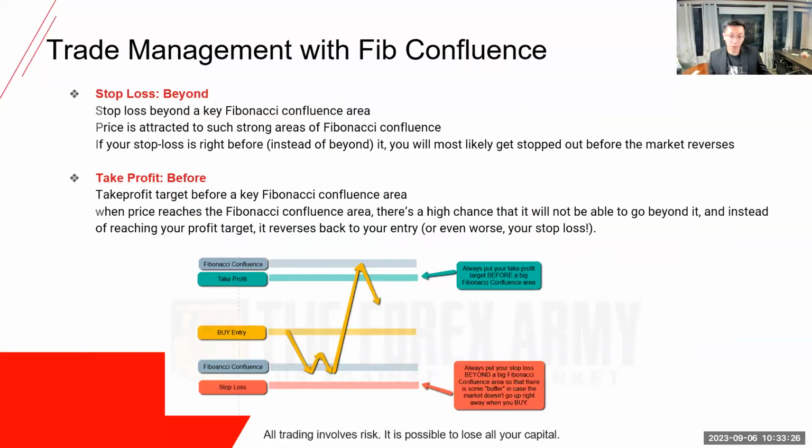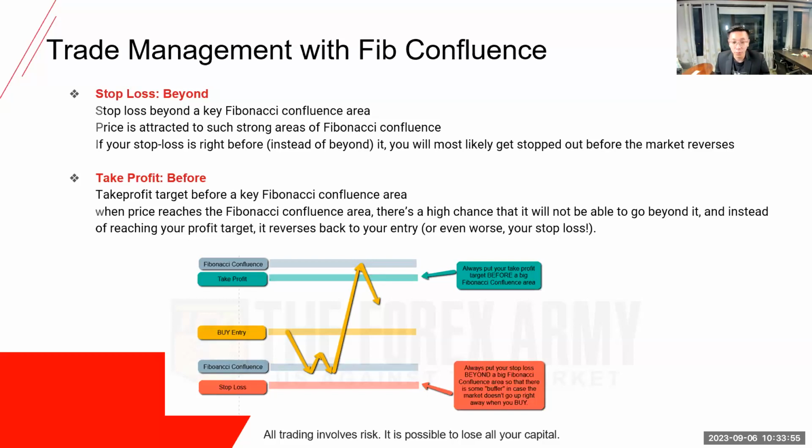All right, so trade management with Fibo confluence. With a stop loss beyond a key confluence area, price is attracted to such strong areas of Fib confluence. So if your stop loss is right here, instead of buying, you will most likely get stopped out before the market reverses.